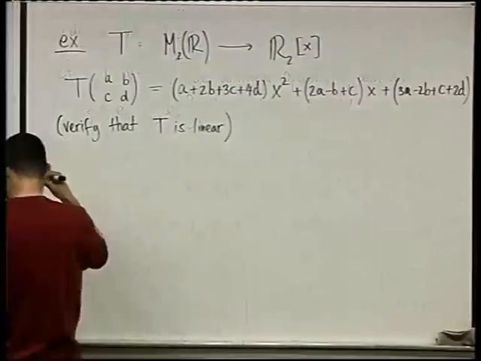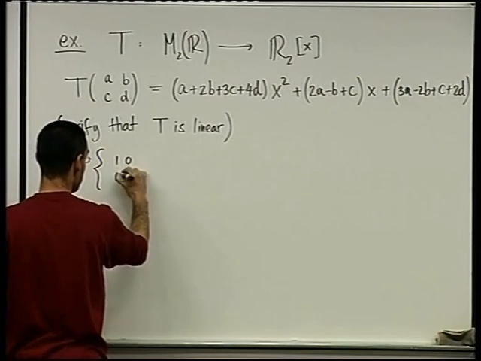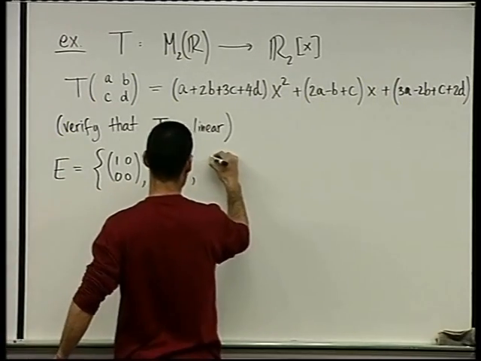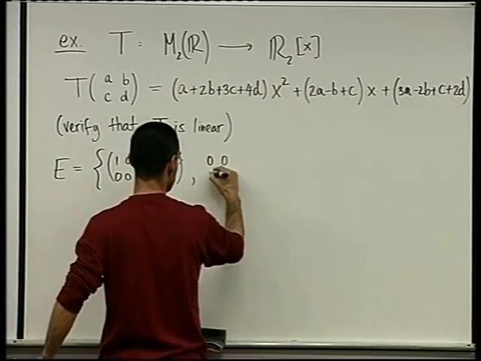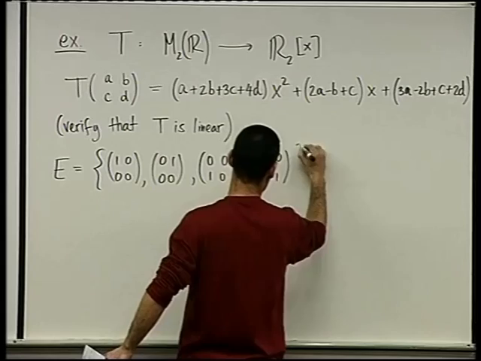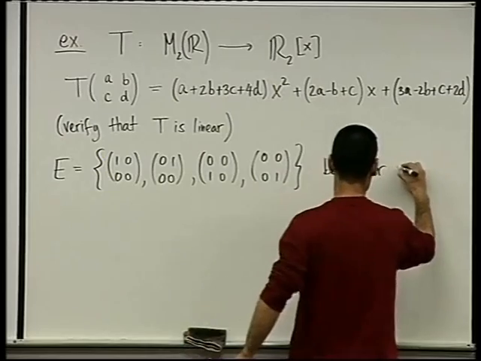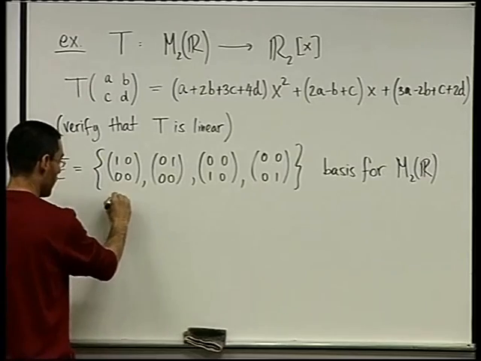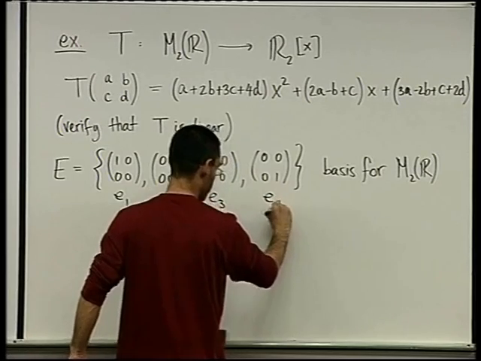Okay, so let's call it E. E is 1, 0, 0, 0; 0, 1, 0, 0; 0, 0, 1, 0; and 0, 0, 0, 1. This is a basis for our domain space, for M2R. Do you agree? And let's call these guys E1, E2, E3, and E4. Good?